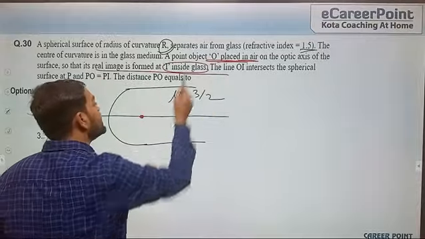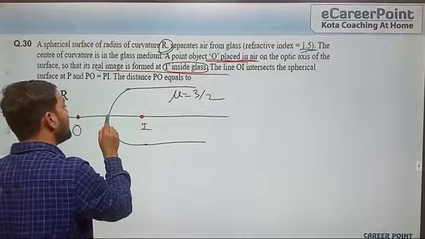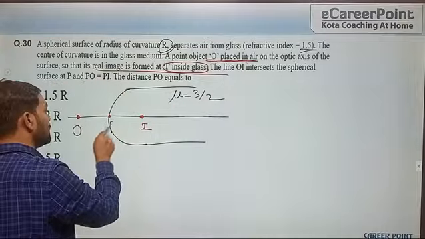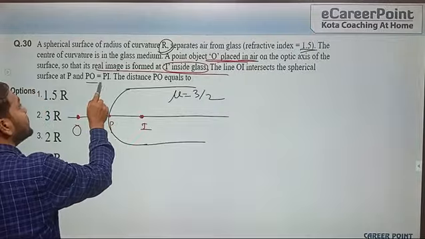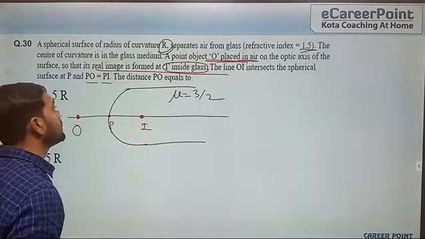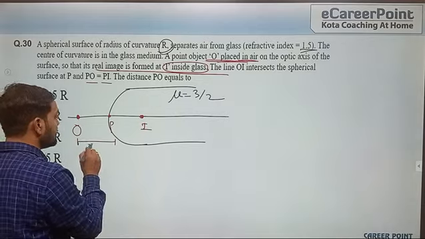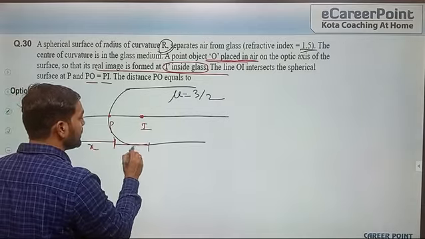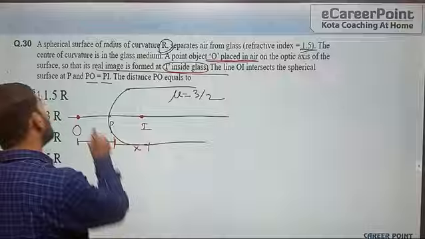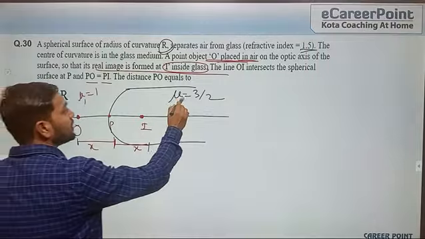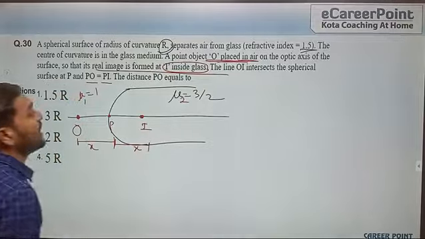So here we write I, and here we have P. So PO and PI are equal. That means the distance from here to here is equal to the distance from here to here. Let us take it as x. The refractive index of air is equal to 1. Okay. So let us take this one. Here, what should we find out?